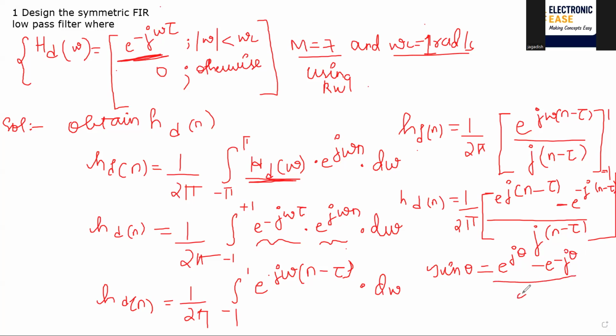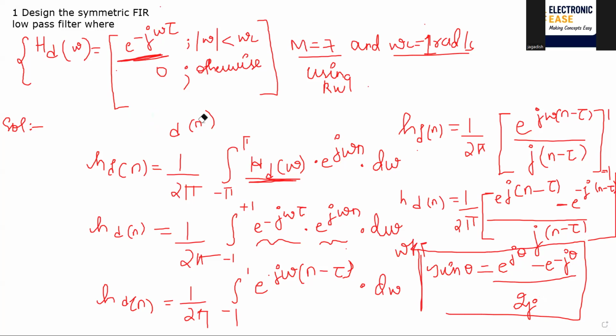Wherever you have this format, we can substitute according to the trigonometric identity. So you have to write that. We know that sine theta is equal to e to the power of j theta minus e to the power of minus j theta divided by 2j. So we need to substitute here.